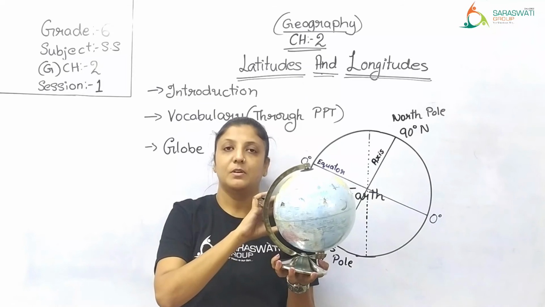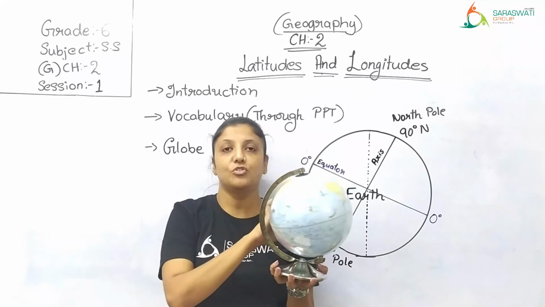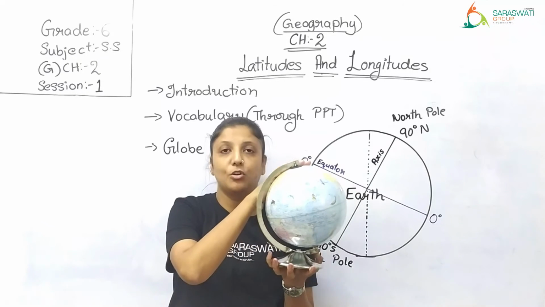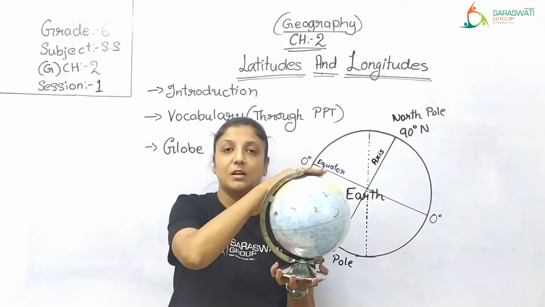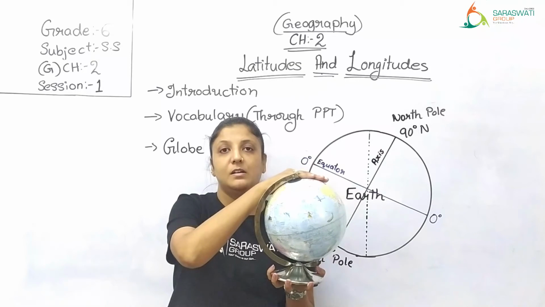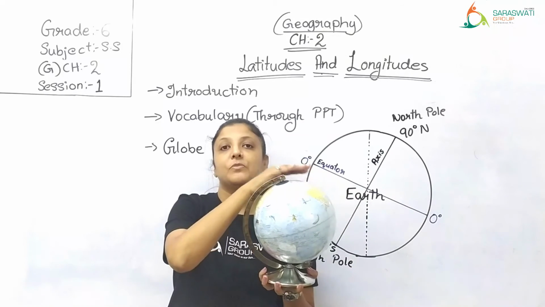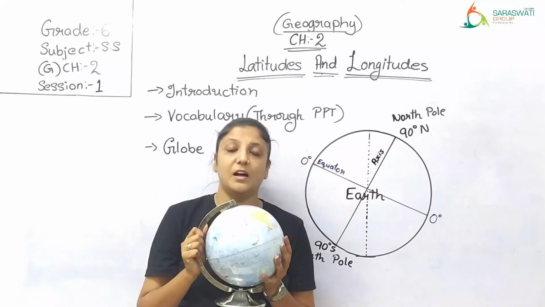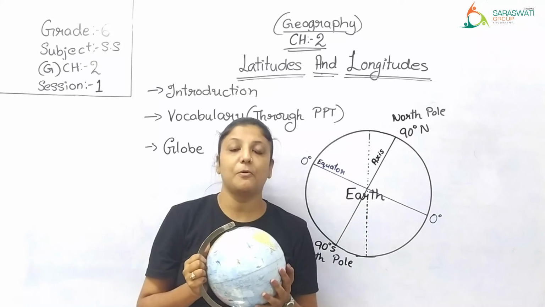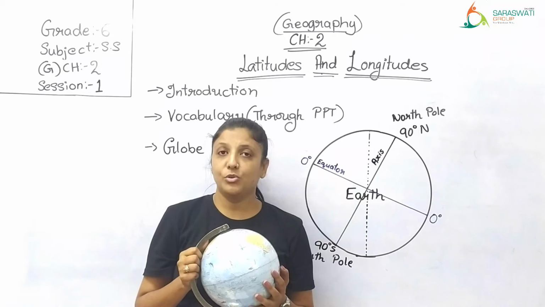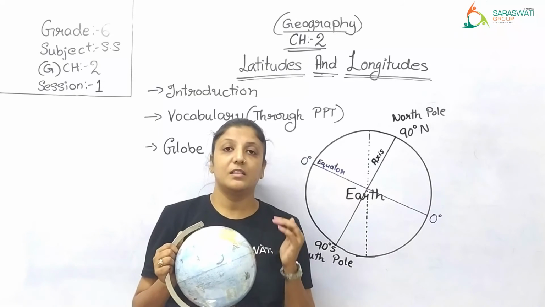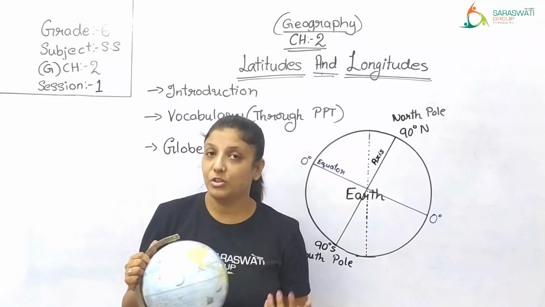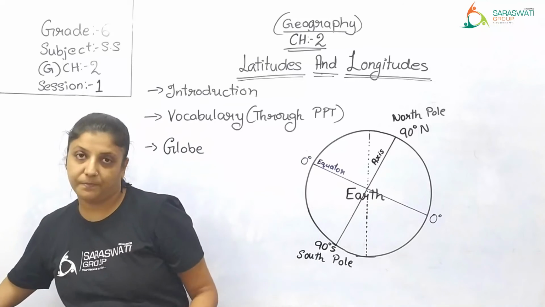It is not just a drawing, but these globes are made using a perfect scale, perfect measurements, right? So these globes show you the exact shape of all the continents and oceans as they are on the surface of the earth.